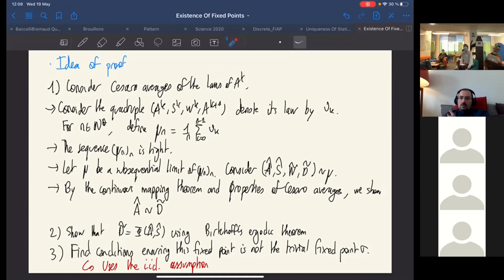I don't know. Well, they're both contained in here. These are functions of these, but it's kind of an averaging effect.